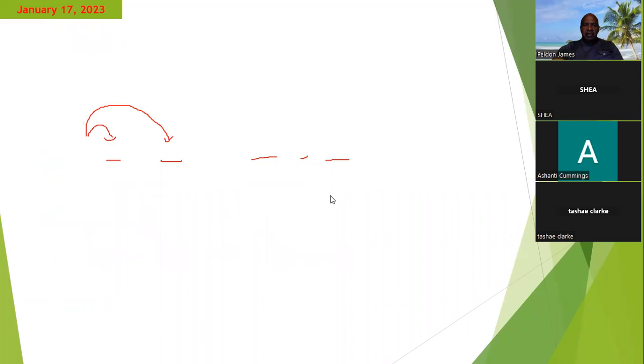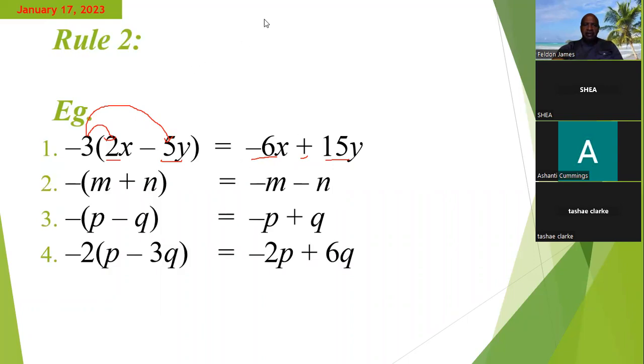So let's just look at what we have here. When you only have a negative sign by itself, you have to assume that the negative sign by itself is negative 1. And so if this is negative 1, then negative 1 times m gives you a negative m, because the m in the bracket is positive.